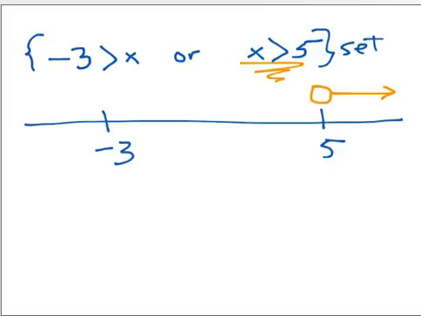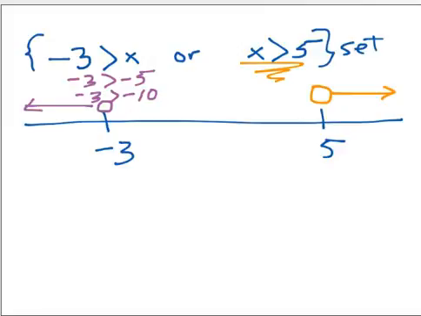This is negative 3 greater than x. In other words, we are looking for negative 3 to be bigger than the numbers we want. You could say negative 3 is bigger than negative 5, or negative 3 is bigger than negative 10. So we are looking for these numbers.